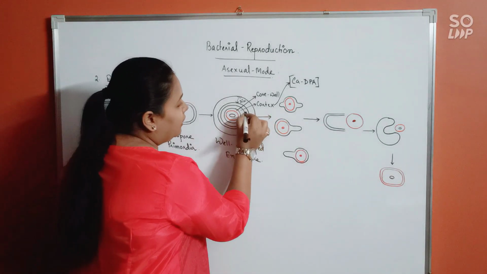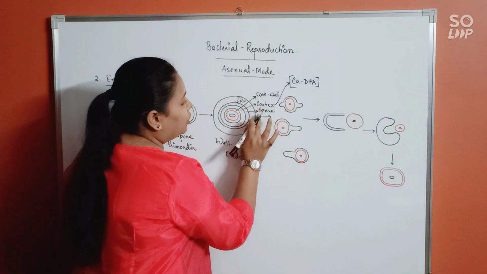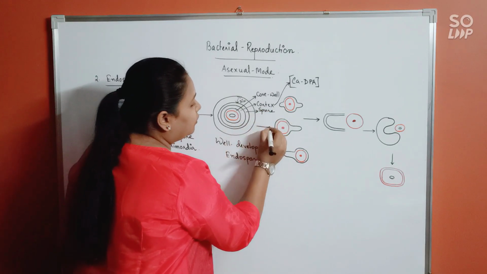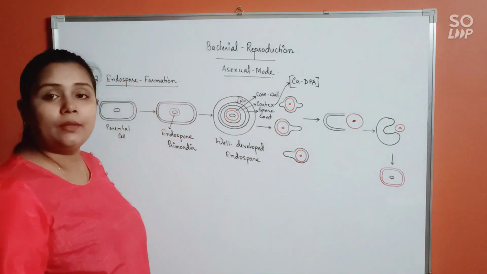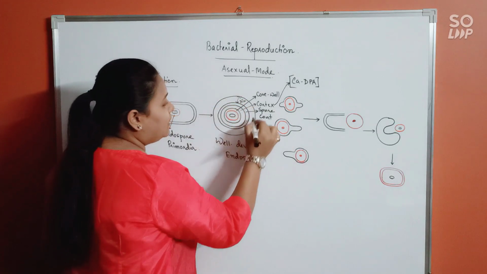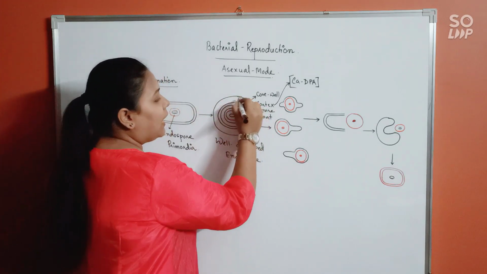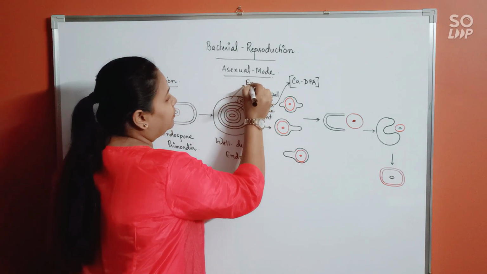Next layer is going to be called spore coat. And finally, as you can see, this thickest layer which contains air is known as exosporium.